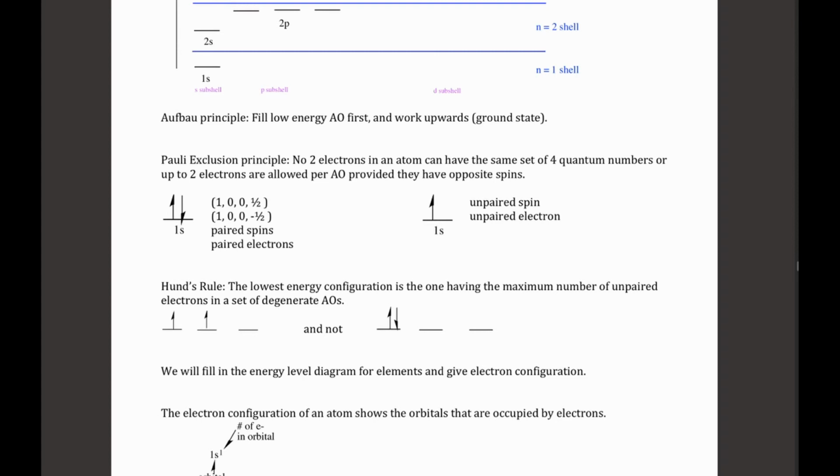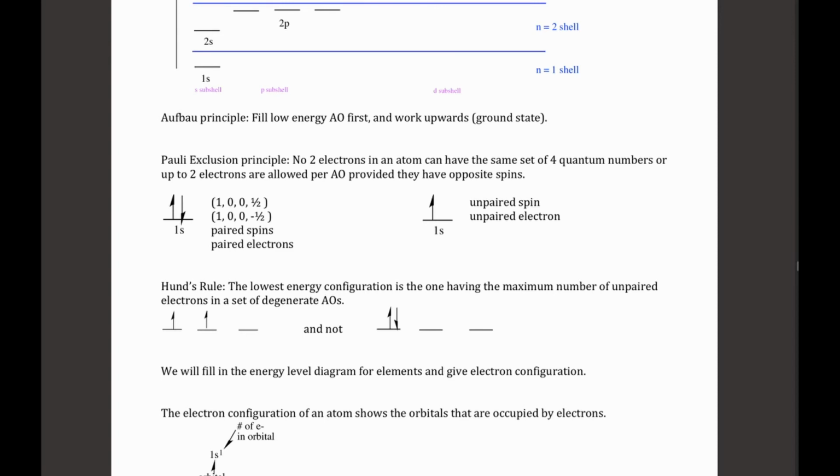If we have only 1 electron in an atomic orbital, we call it an unpaired spin or an unpaired electron. Okay, so Pauli exclusion principle, we can have no electrons in an atomic orbital, 1 electron in an atomic orbital that we tend to draw spin up, or we can have up to 2 electrons, provided they have opposite spins.